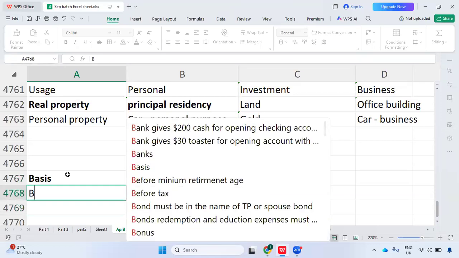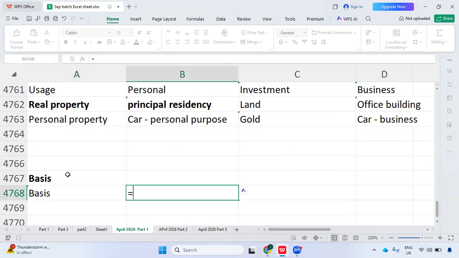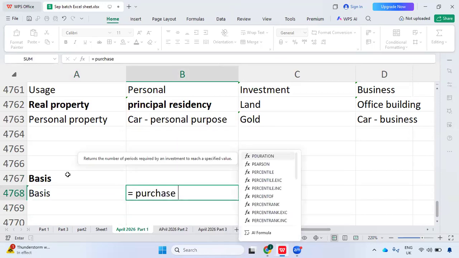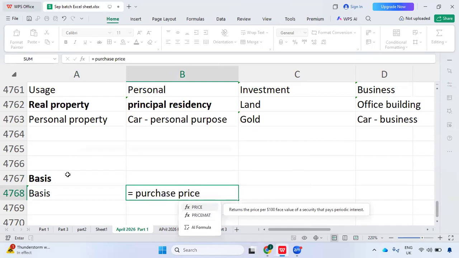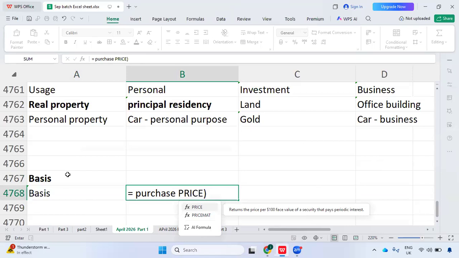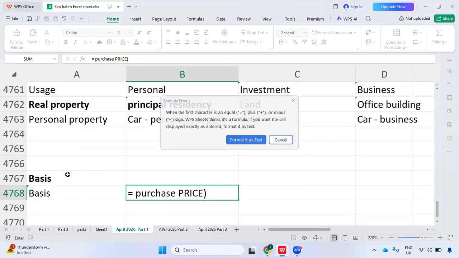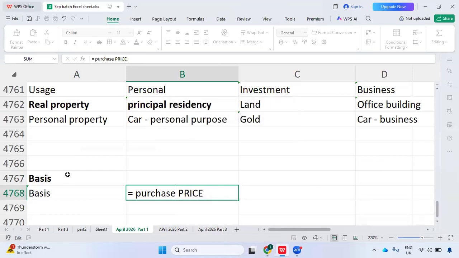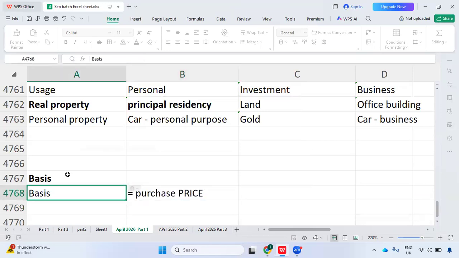Basis equals purchase price generally, but not always.